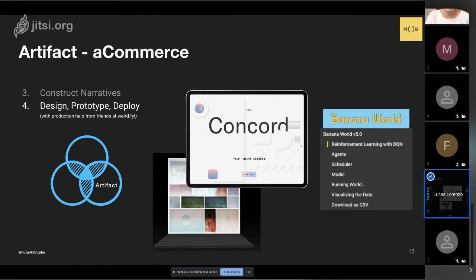this embedded artifact in the home kitchen, right? And we're calling it Concord. And Concord we have defined as this modular piece of furniture. Right now we have smart speakers and smart toasters.